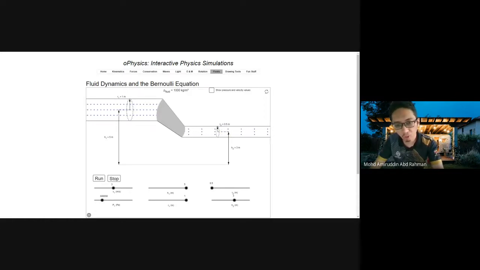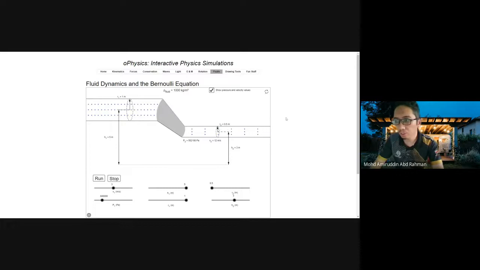Verify your answer: once you click the box and you see the pressure on pipe 2, verify your answer with this, whether you get it correct or not.